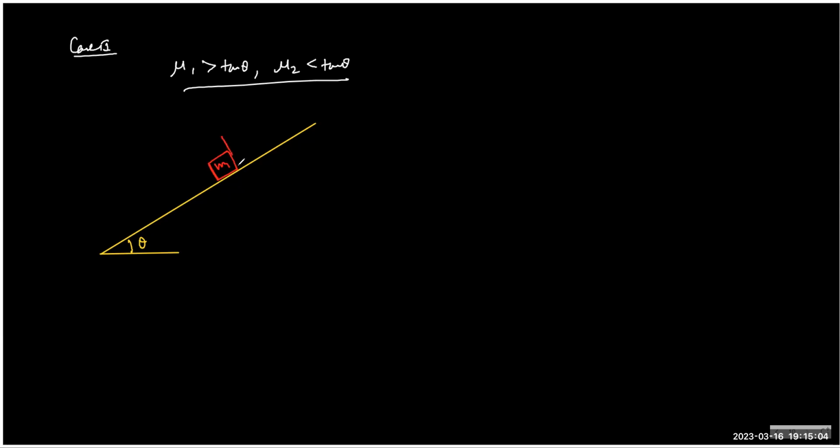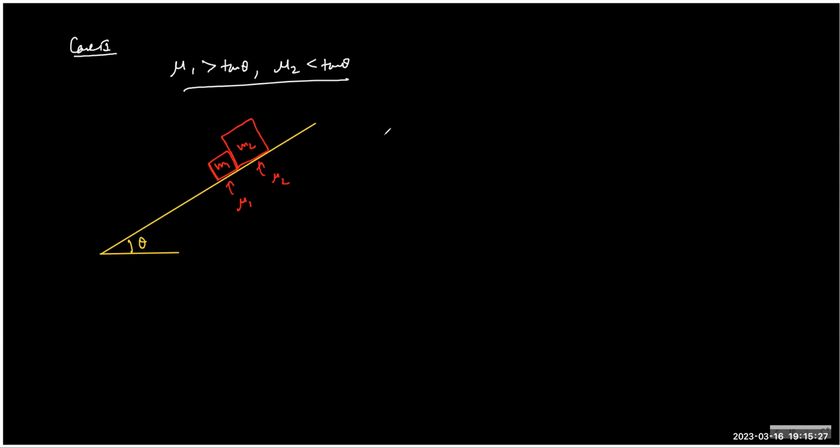Then how are you going to check whether they'll move or not together? See, they cannot move independently, because M1 is not willing to move, but M2 is trying to move. So there are two possibilities. Either they will not move or they'll move together.